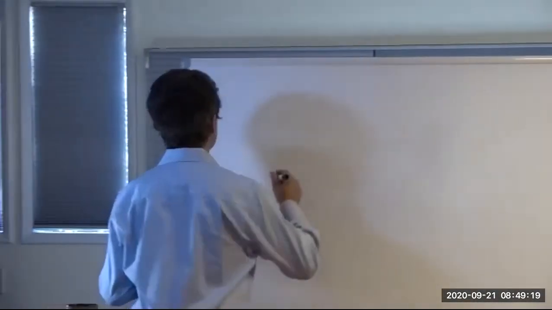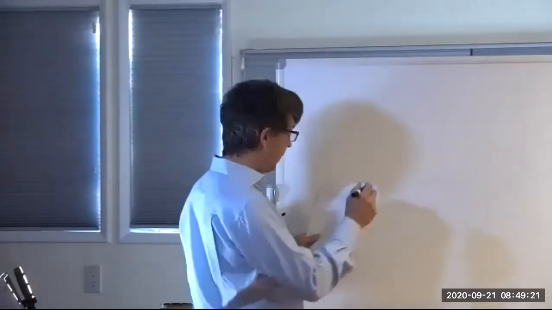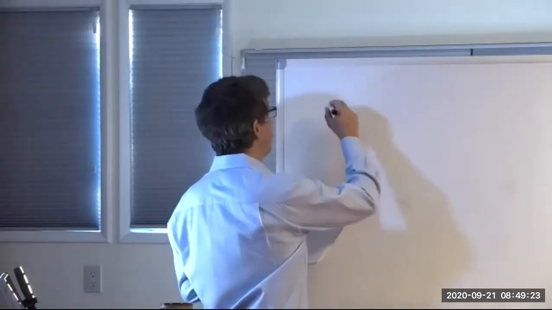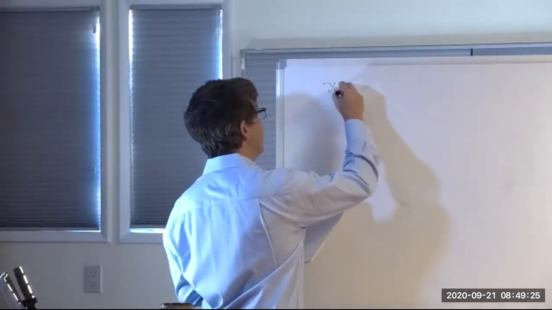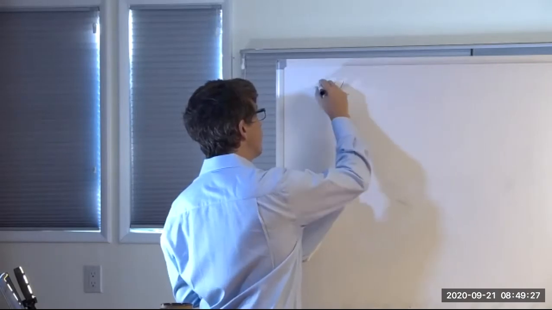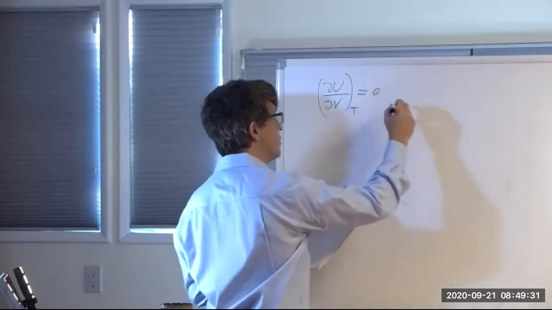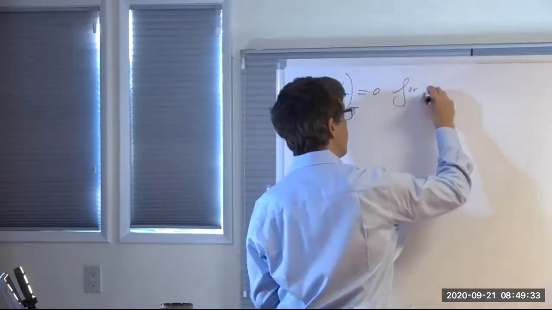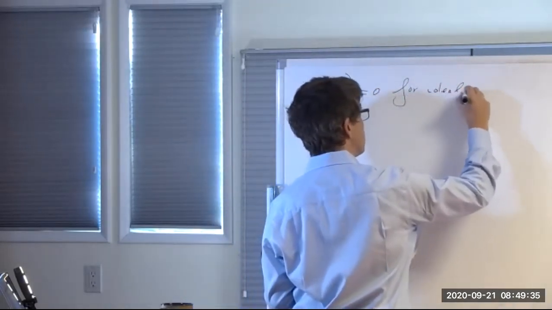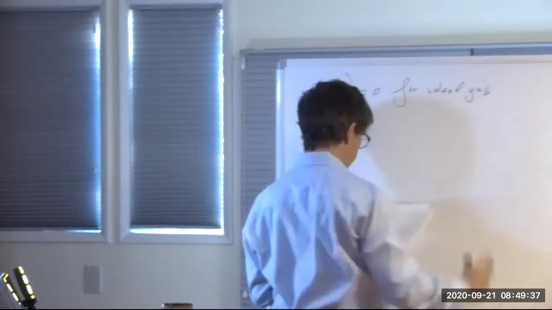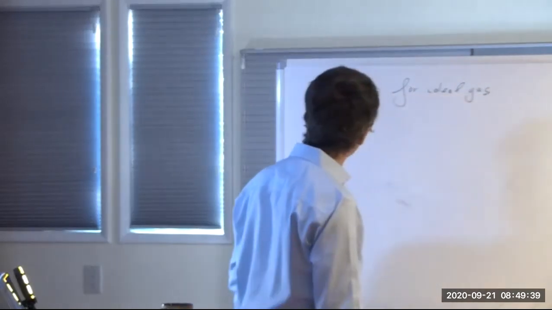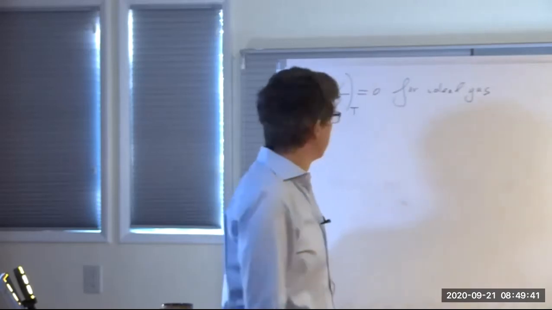First, I'm going to prove something that we left hanging in an earlier lecture. I'm going to prove that dU/dV at constant temperature is 0 for an ideal gas. Okay, so if I follow my own rules here, what do I do?